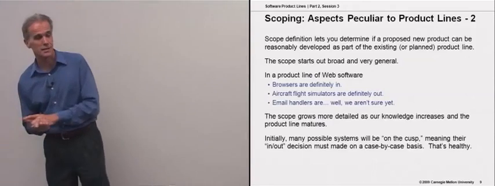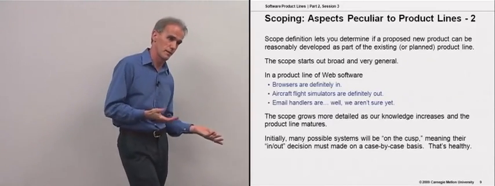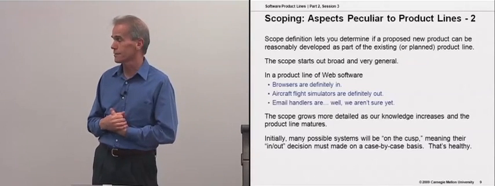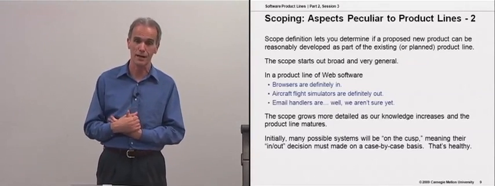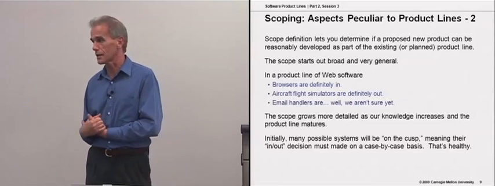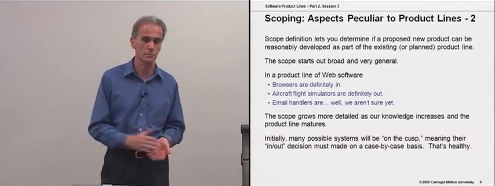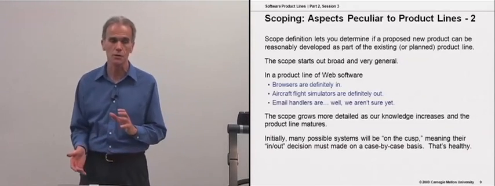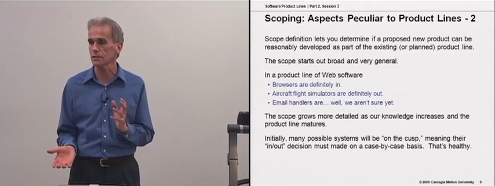But the assumption is that if you're in this market, you're obviously in the market for browsers. A full-blown aircraft flight simulator is definitely out. And an email handler, well, do you want to provide an email capability in this set of web-based products? So there may be some initial indecision.